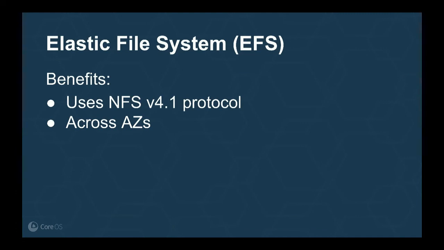So Elastic File System is a really nice storage system provided by AWS because it is accessible using the standard NFS protocol, which is available in every Linux kernel. And one of the benefits is that it can be used across availability zones.